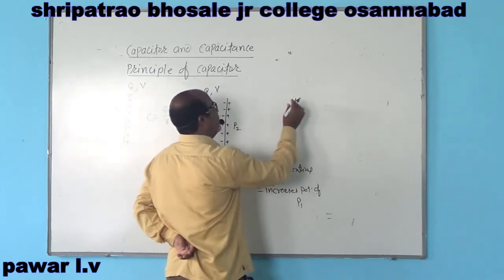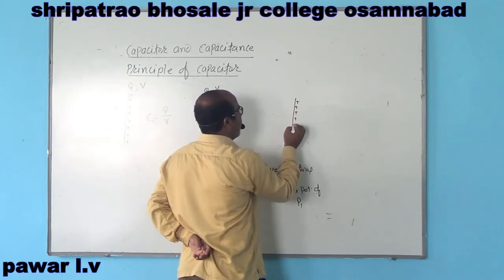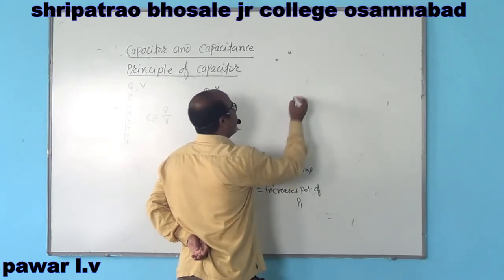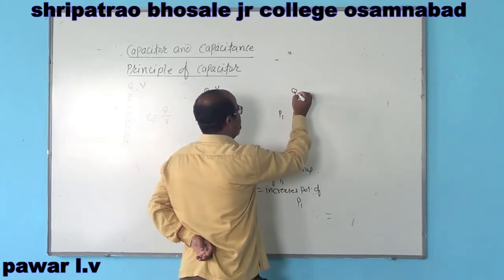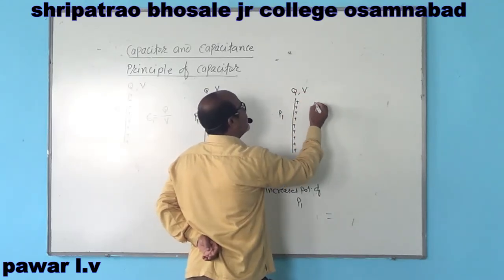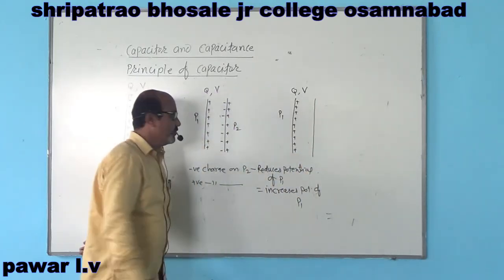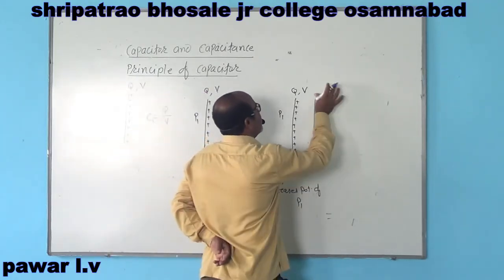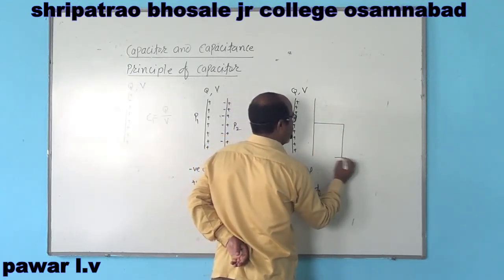This is plate P1 having positive charge Q, and potential is V. This is plate P2. Now it is connected to earth. This is earthing.